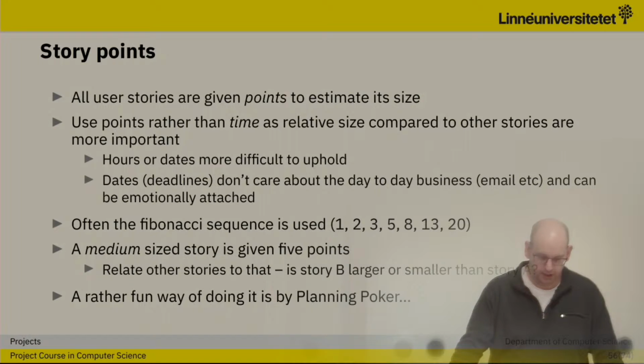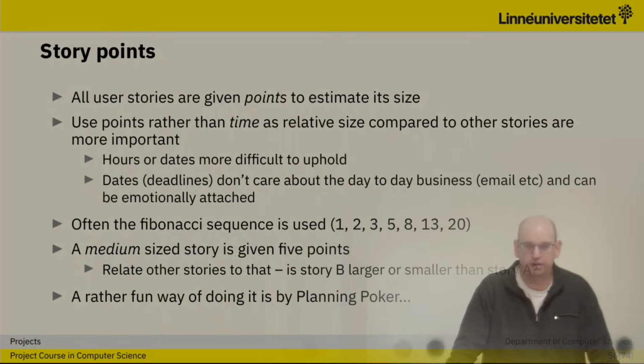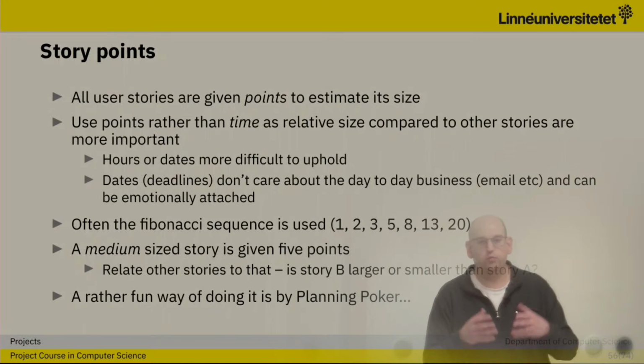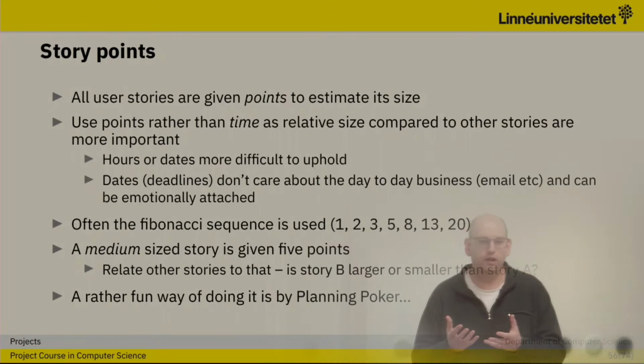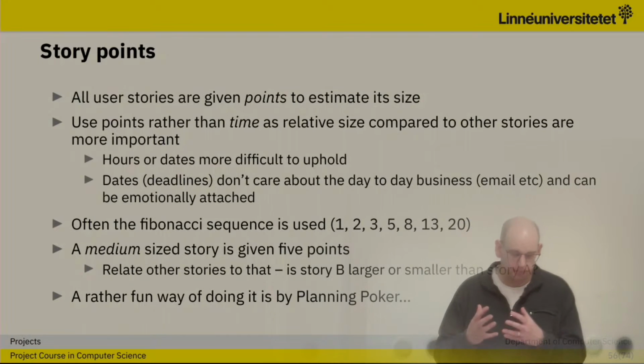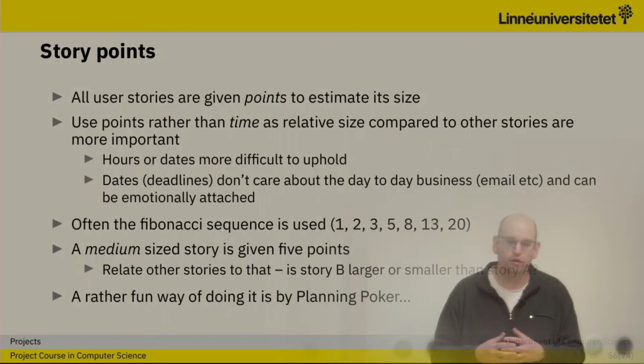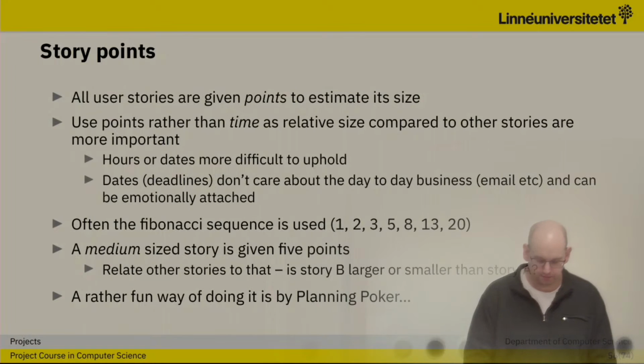Yeah, we often use Fibonacci sequence numbers in order to do that. So 1, 2, 3, 5, 8, 13, 20, and so on, just to get something. And as we'll see later on, when we get a little bit warm, we can have some sort of velocity, which is the number of story points that we believe that we will be able to do in a specific sprint.